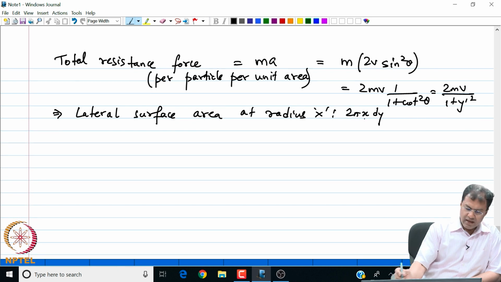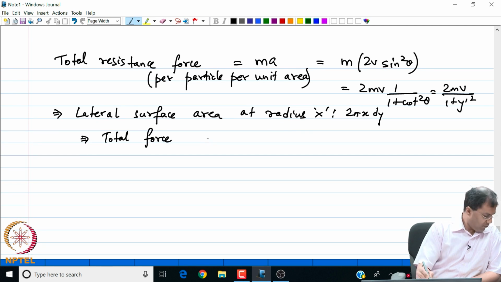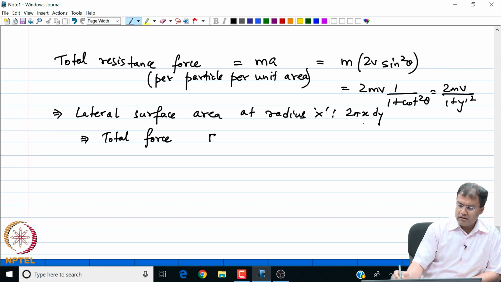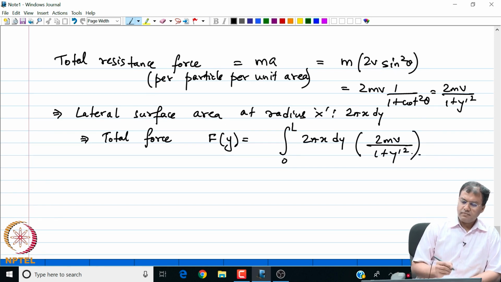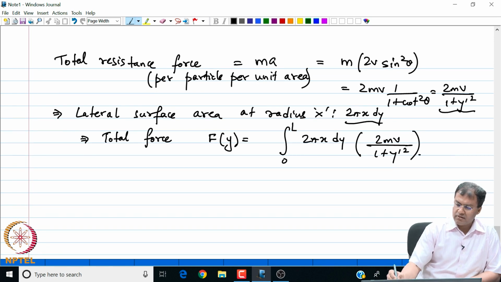So, 2 pi x dy, which means my total force will be the integral of this force per particle per unit area times the total area. So, F of y is given by the integral from 0 to L, since y is from 0 to L, of 2 pi x dy times 2 m V by (1 plus y prime square), coming from this and this respectively.